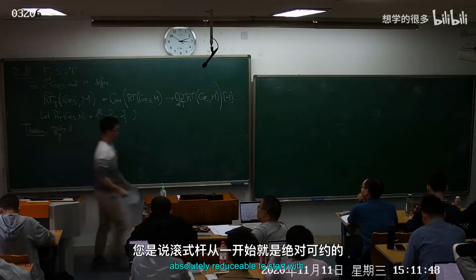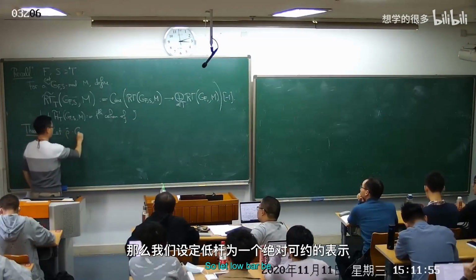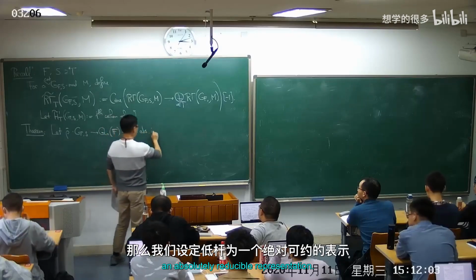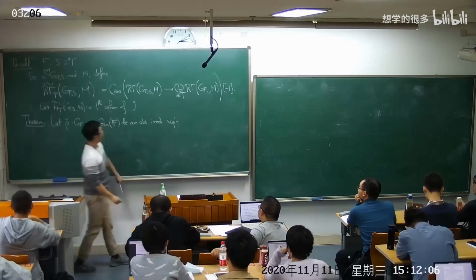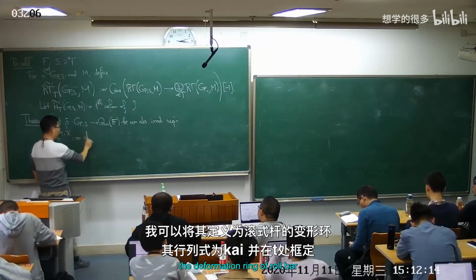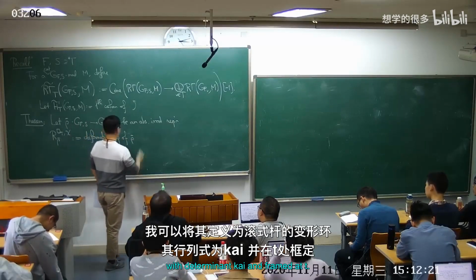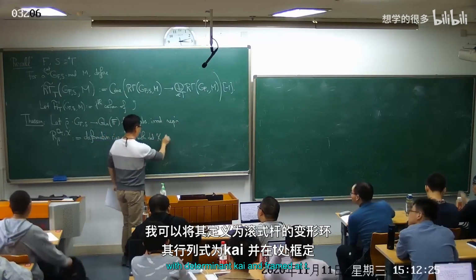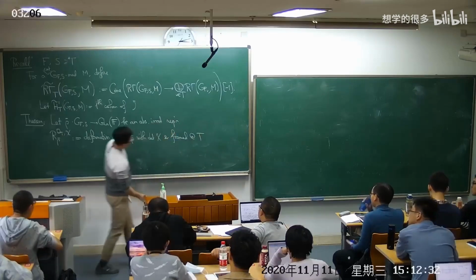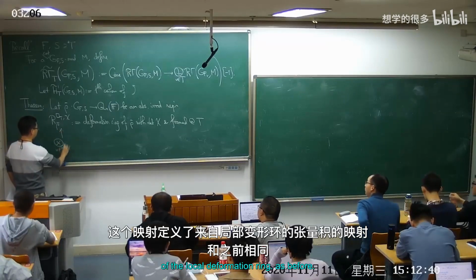Maybe I should say: let rho bar be an absolutely irreducible representation, and I can define this to be the deformation ring of rho bar with determinant chi and framed at T. And this ring admits a map from the tensor product of the local deformation rings.